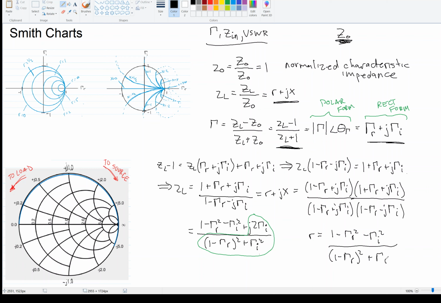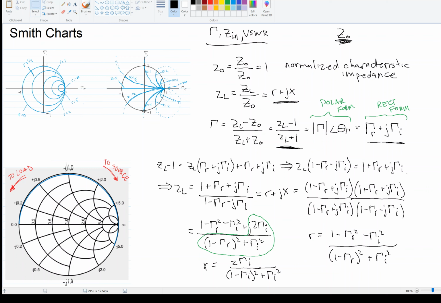Okay, that's the resistive part. And then the imaginary part, or the reactive part, is what I've circled in green, minus the j. Okay, like that. No big deal there.